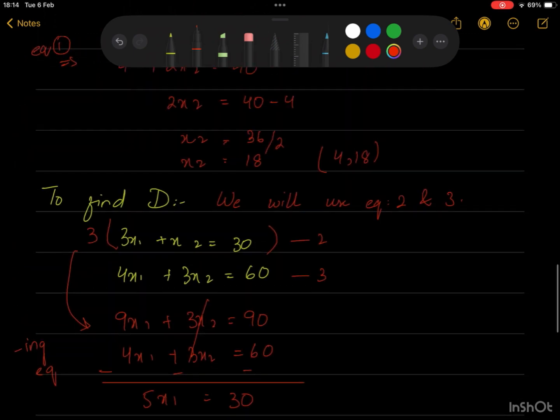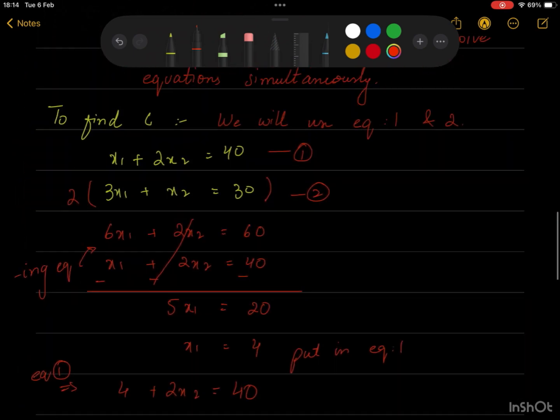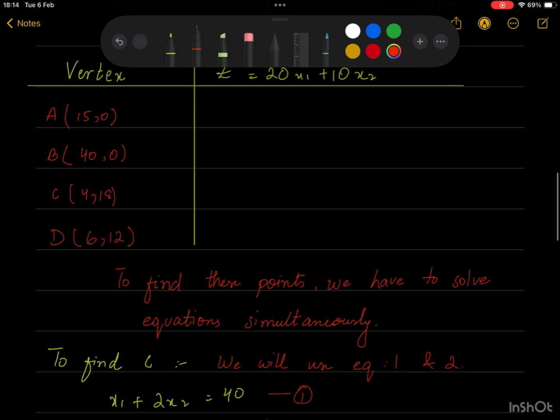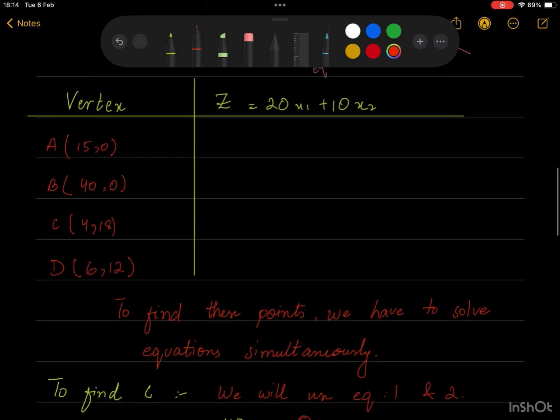After solving for point D, we got x1 equal to 6 and x2 equal to 12. That is 6 comma 12.